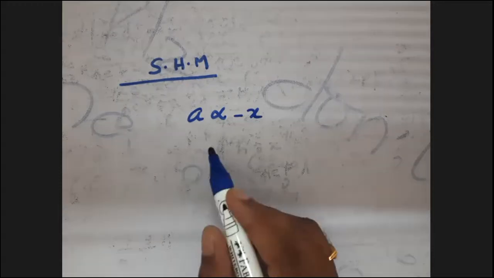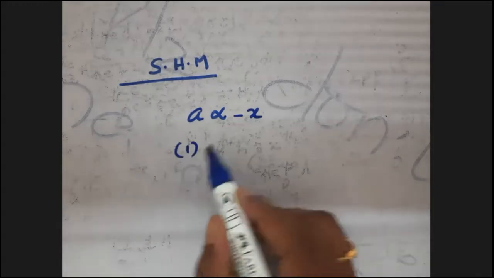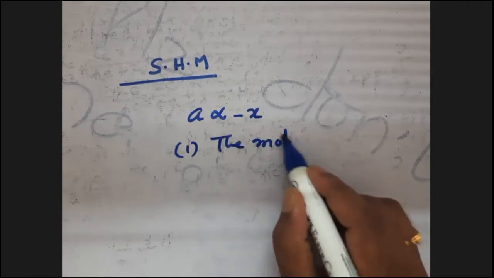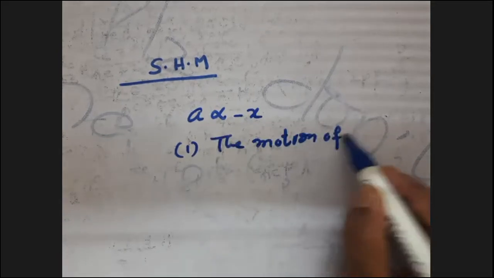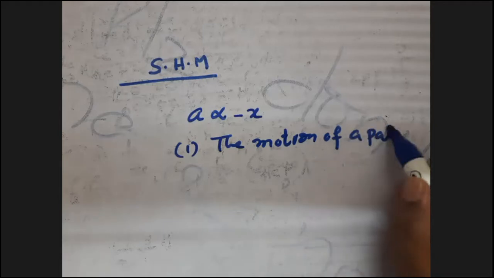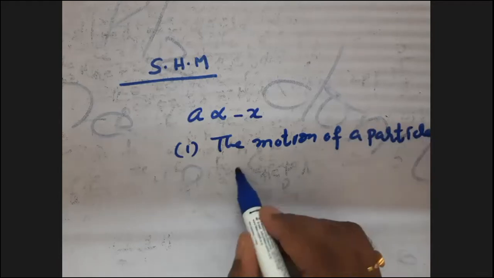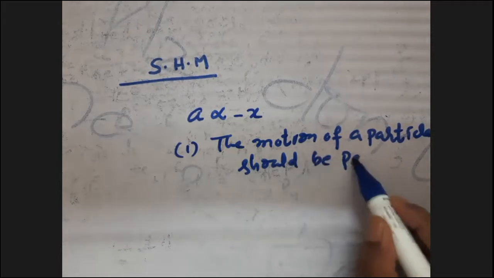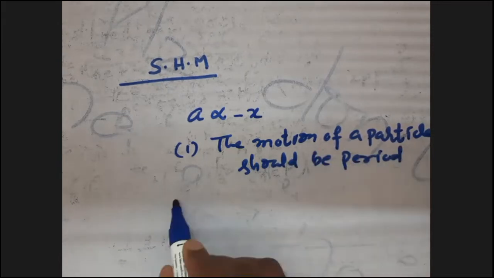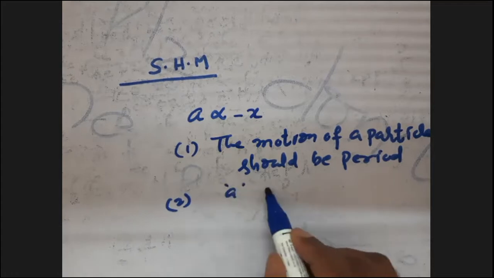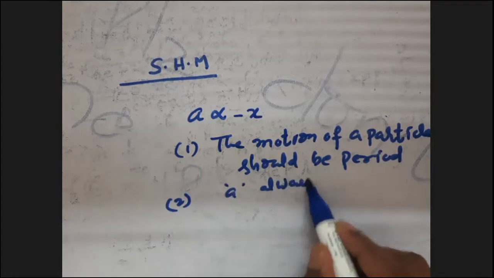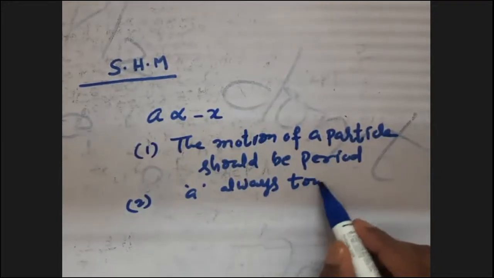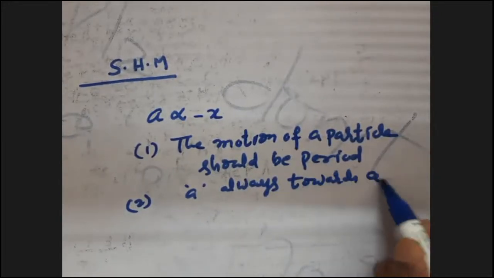So here the conditions required are: first, the motion of a particle should be periodic. This is the first condition required. Second, acceleration is always towards a fixed point.